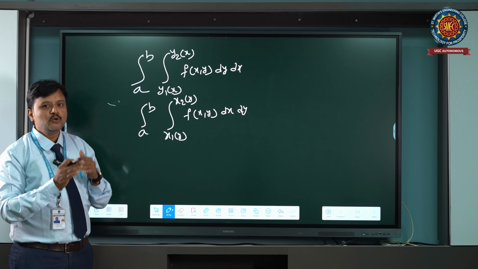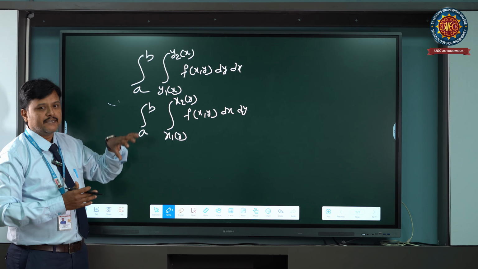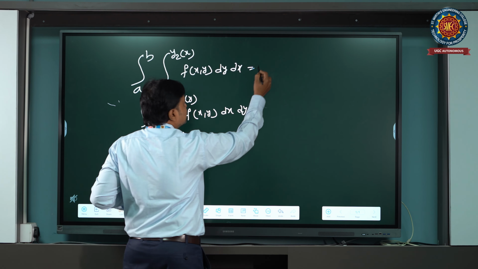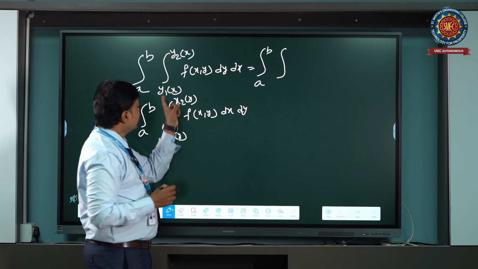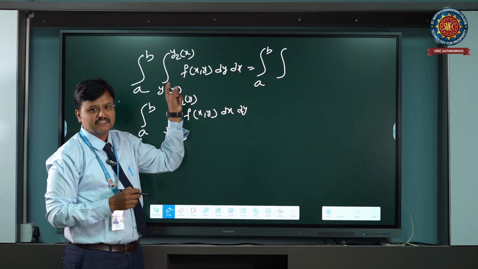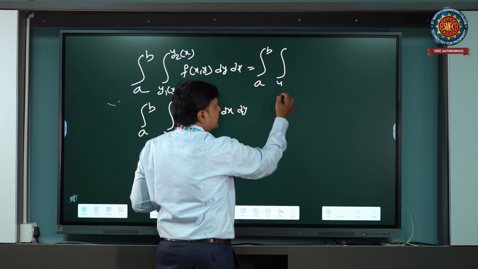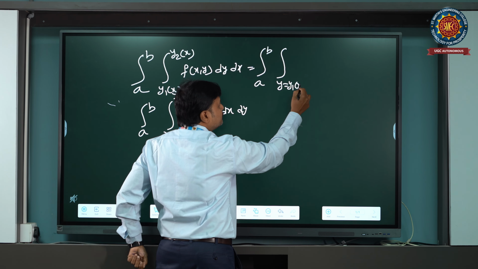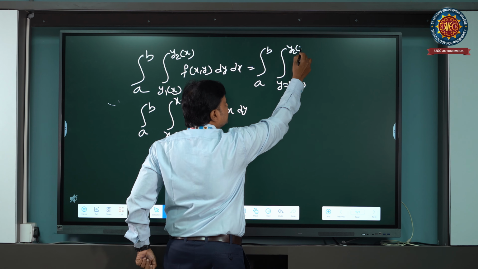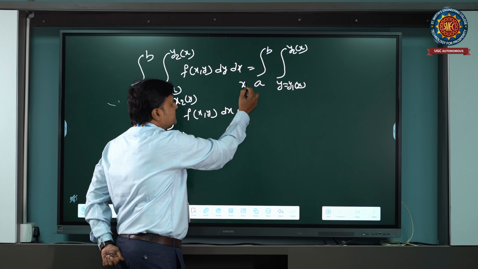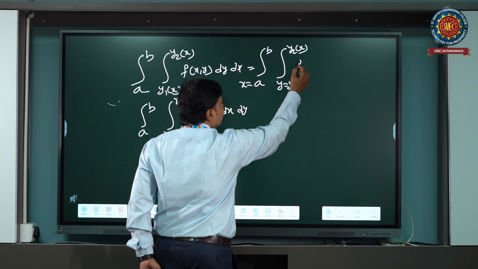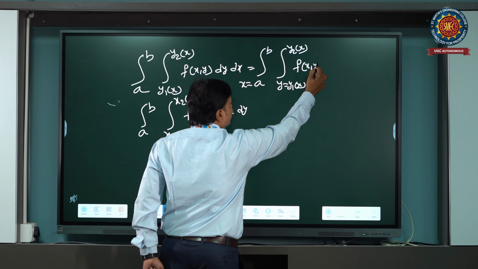Now let us see how to evaluate these types of double integrals. Integral a to b: the interior limits are functions of x, so we take them as y limits, y equal to y1 of x to y2 of x, and the exterior limits belong to x, x equal to a to b, and the integrand is f of x comma y.